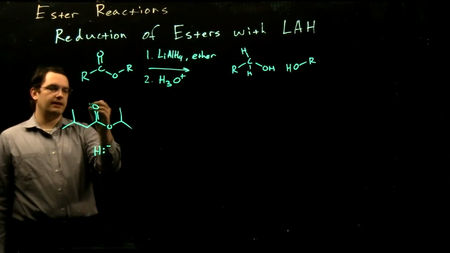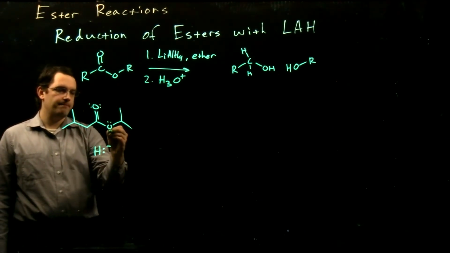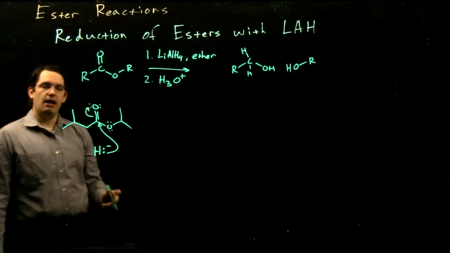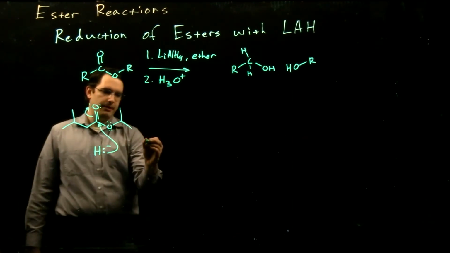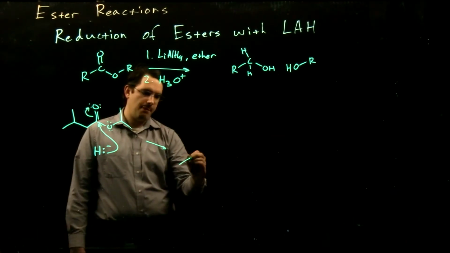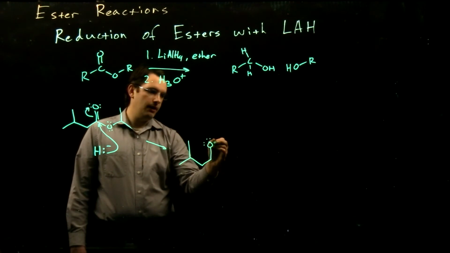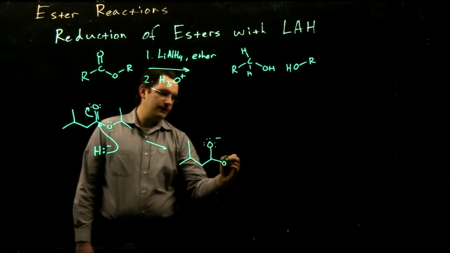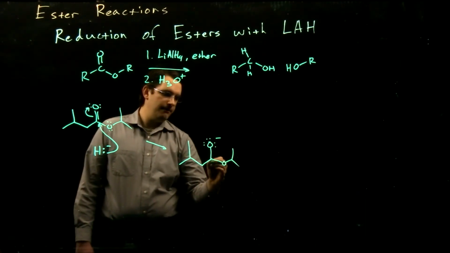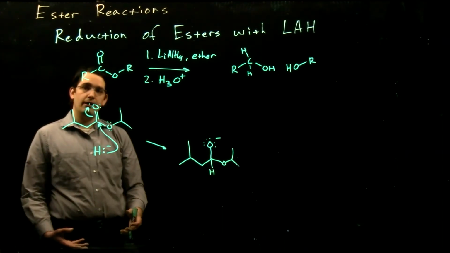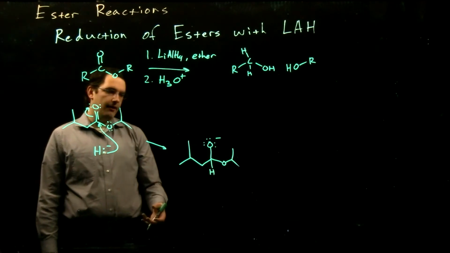Our hydrogen is acting as our nucleophile here, and it's again attacking our electrophilic carbon and forming that tetrahedral intermediate. So this results in our usual alkoxide. We still have our oxygen linked on, and we've added on our new hydrogen here as our nucleophile in this reaction.